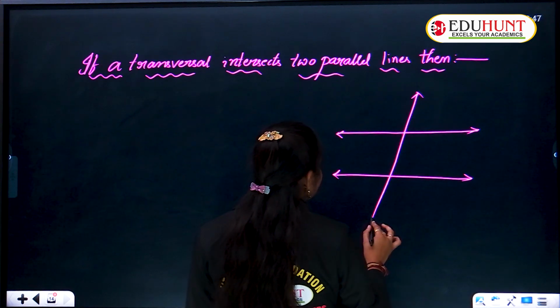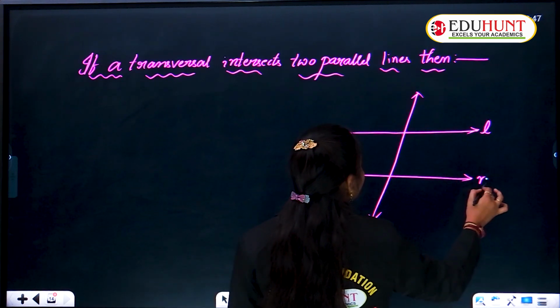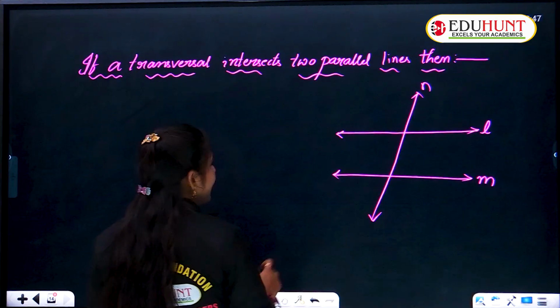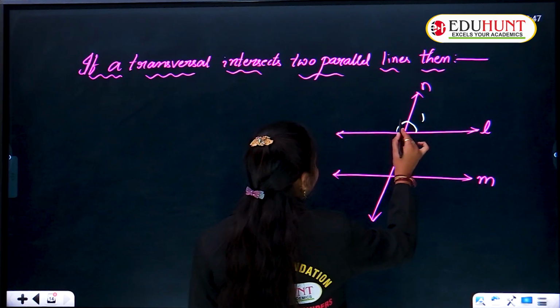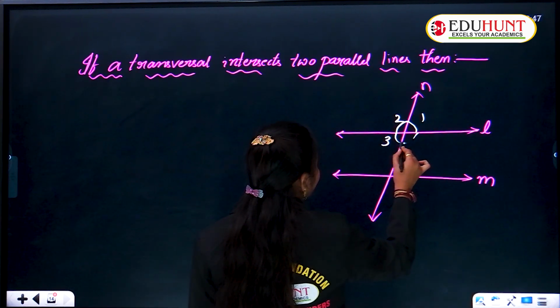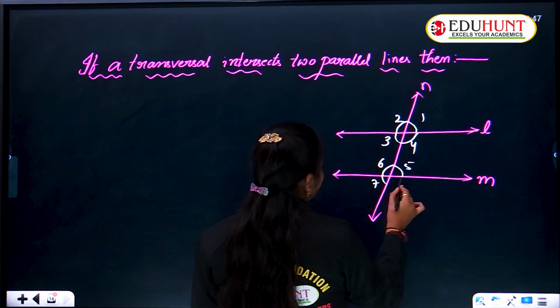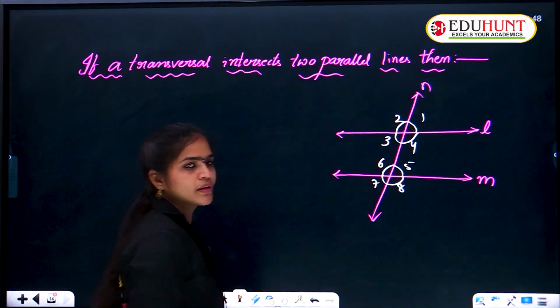Then here we have lines L, M, N. And here what are the angles? 1, 2, 3, 4, 5, 6, 7, 8. Understood?